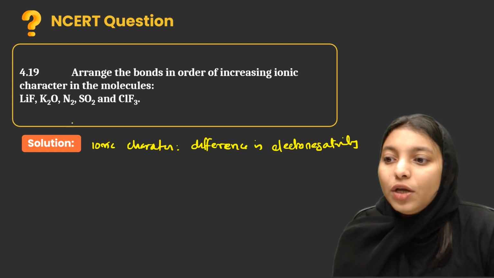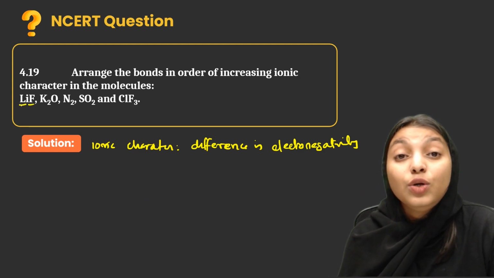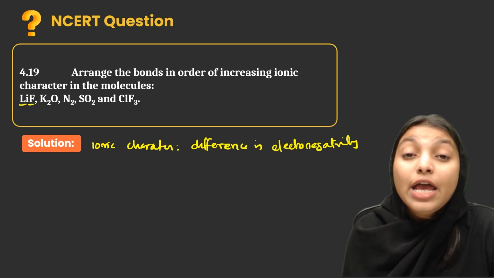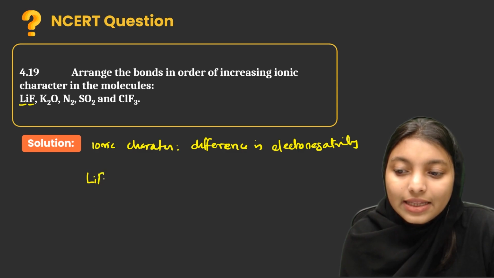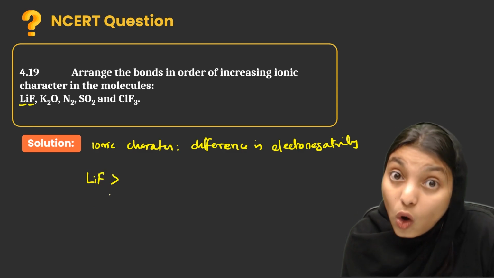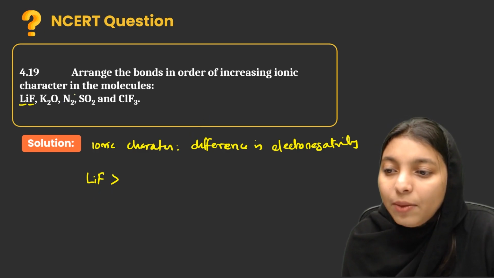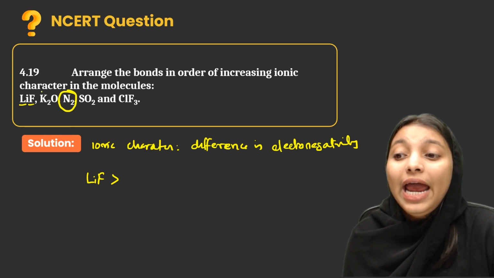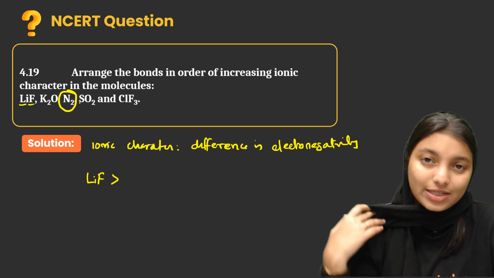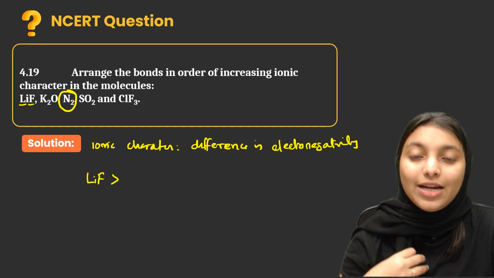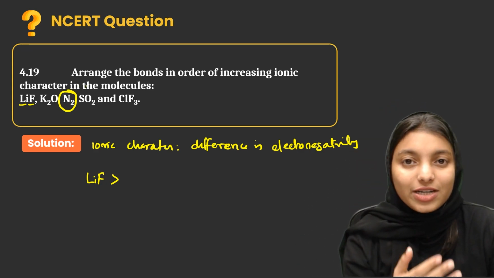Here there is lithium and fluorine, where lithium is a metal and fluorine is a non-metal with high electronegativity. So obviously lithium fluoride will have more ionic character than any other compound present here. The least one will be N2, because it is the same element making a bond and it will be a pure covalent bond. There is no electronegativity difference between two nitrogens.